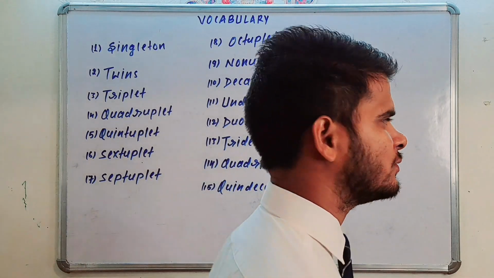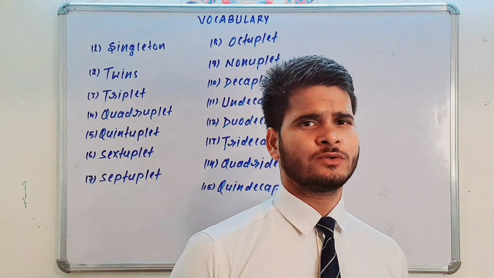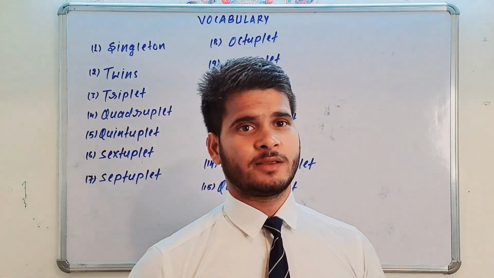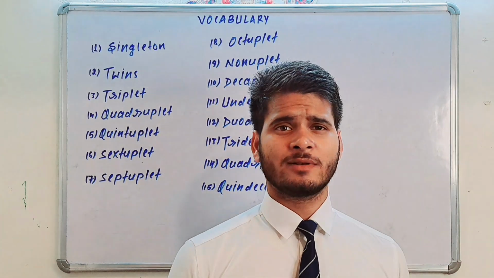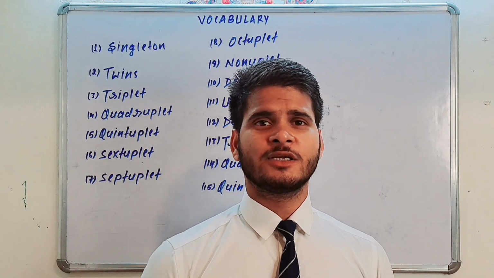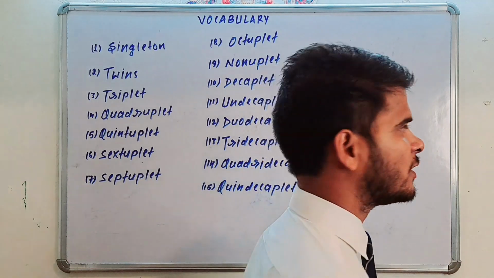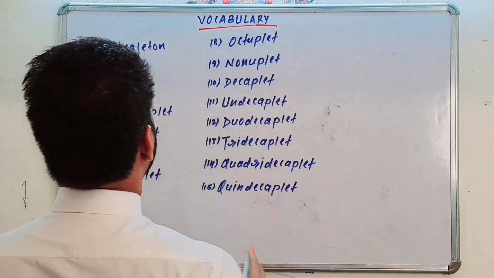As I told you, I have written some vocabulary related to offsprings, and you should know its meaning. The meaning of all these vocabularies is related to offsprings and babies' names.